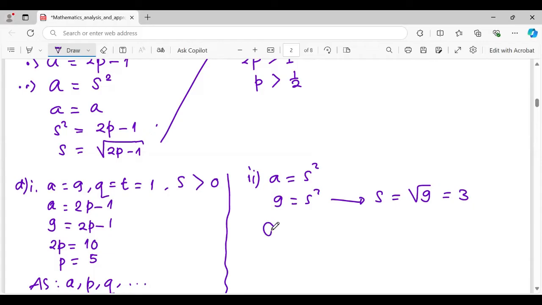So it means the geometric sequence a, s, t, and so on becomes 9, because a equals 9, s is 3, t is 1, and the ratio is 1 over 3. So it means the fourth term is 1/3. Done.